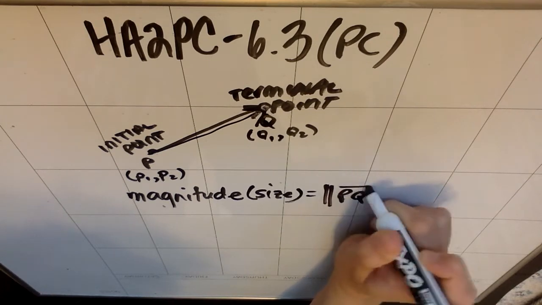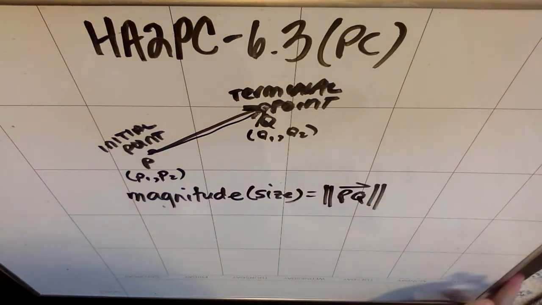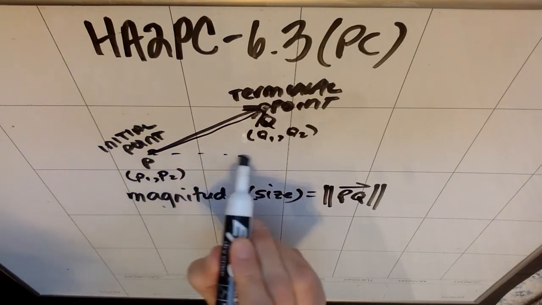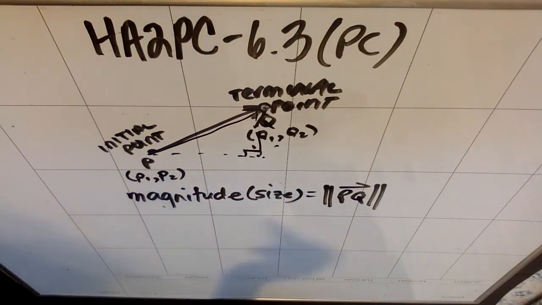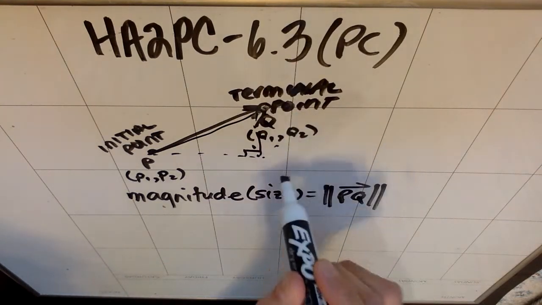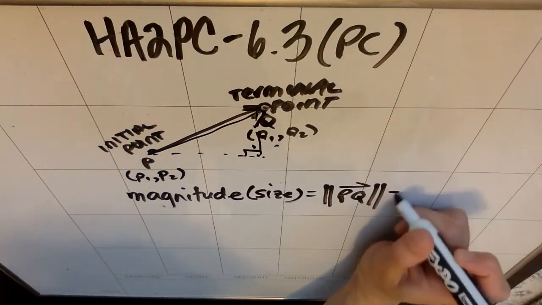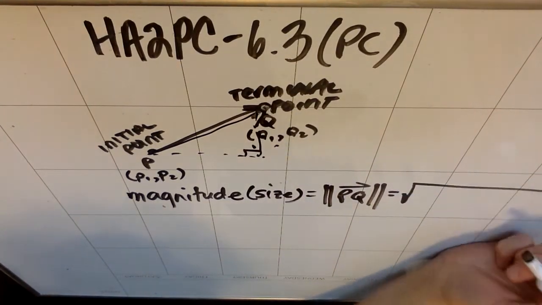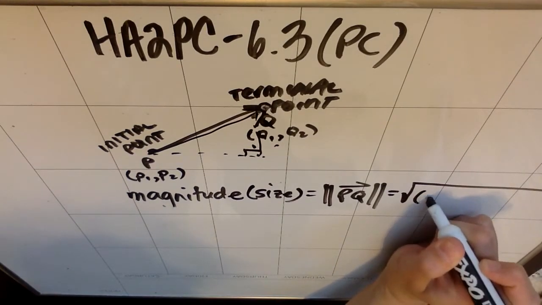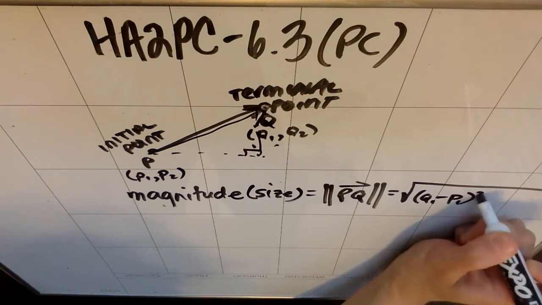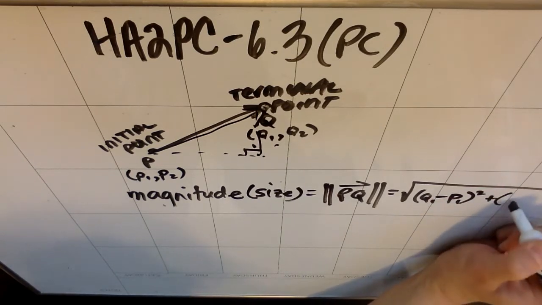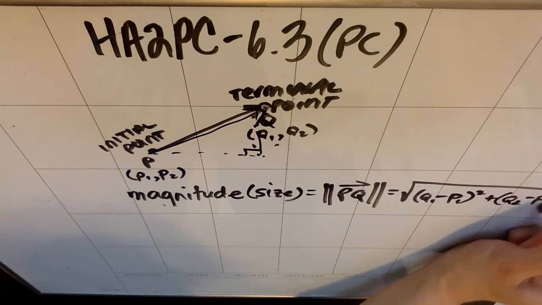But really all that is finding the distance formula. Essentially what I'm doing is the Pythagorean Theorem. This is going to be the square root of Q1 minus P1, quantity squared, plus Q2 minus P2, quantity squared.